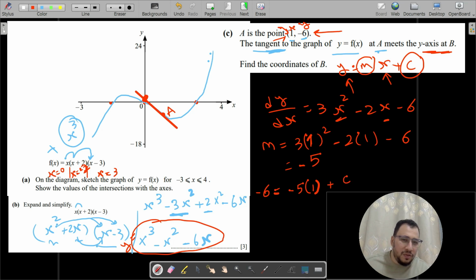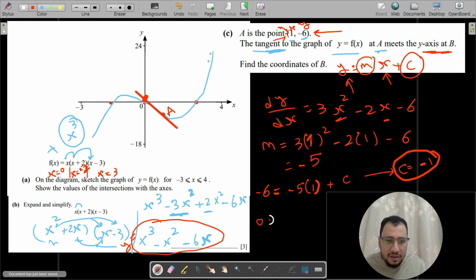This is what we need to find. After that, you can solve this equation, and from that you get c equals negative 1. And the point of intersection now is (0, negative 1). This is the point of intersection of this tangent. This is point B, the point of intersection of the tangent and the y-axis.